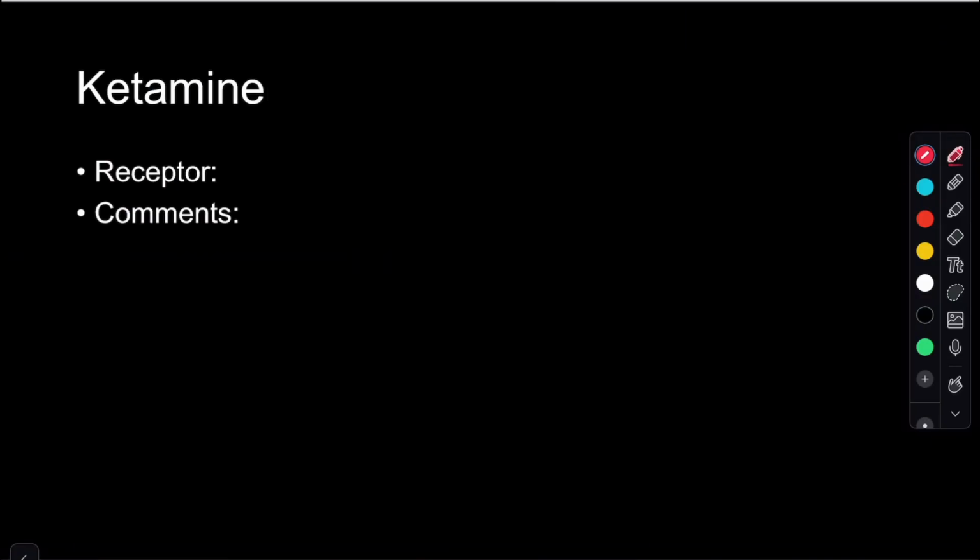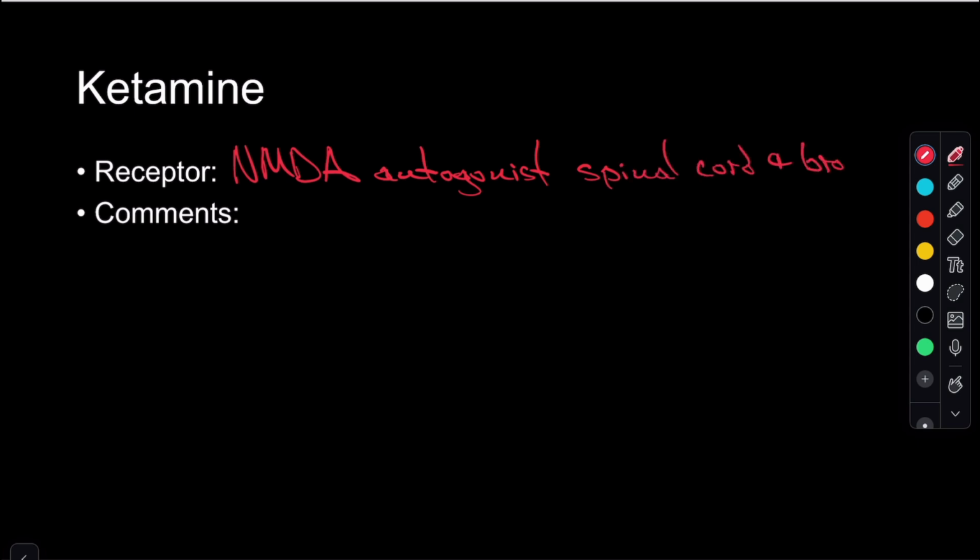Ketamine is an NMDA antagonist in both the spinal cord and brain. One of the very beneficial effects of ketamine is it does not compromise the airway.